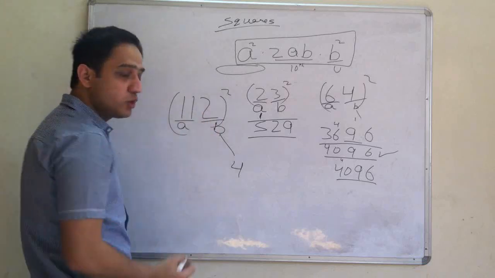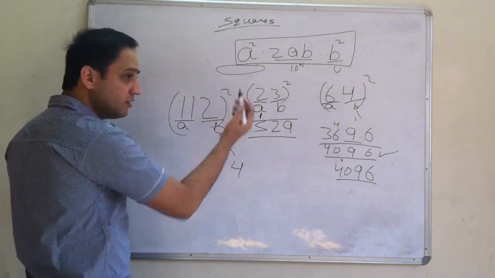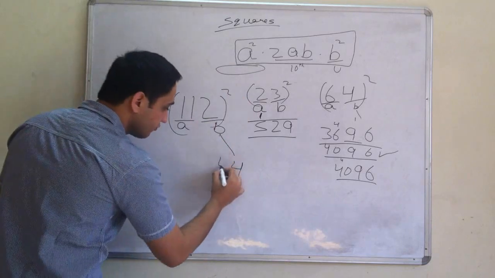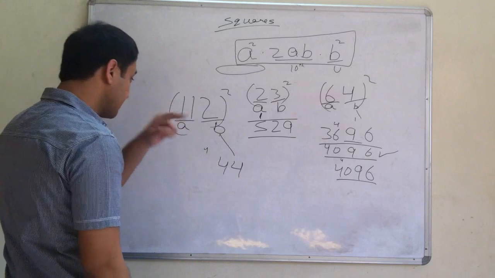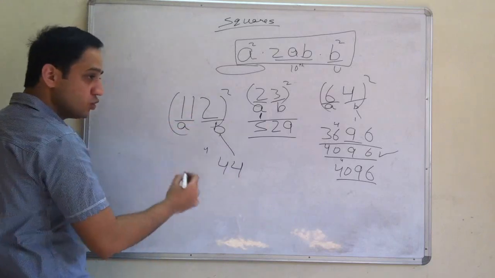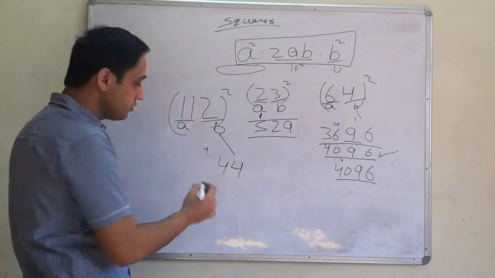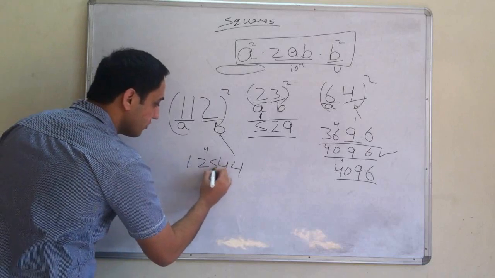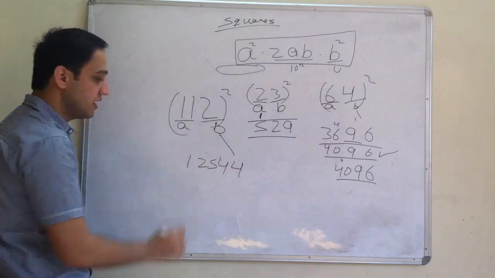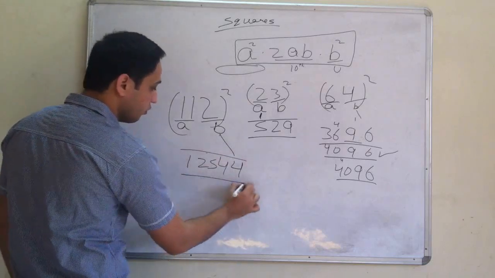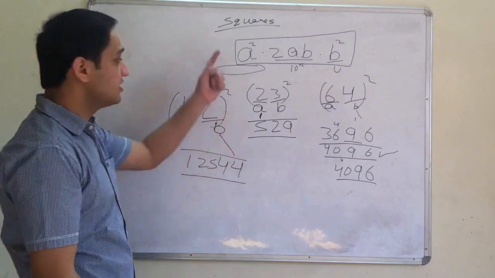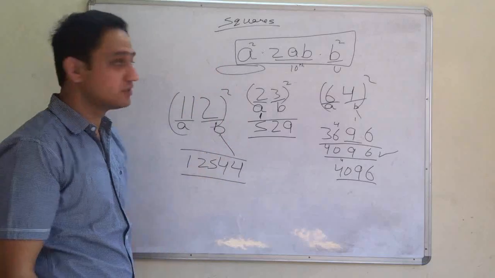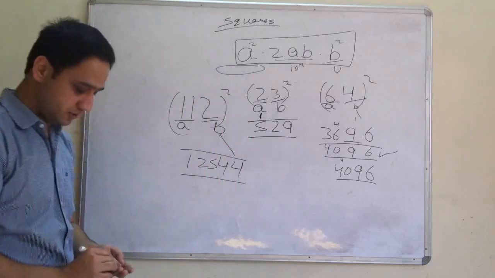So 11 into 2, 22, 22 double 44. So 4 here and 4 carry forward to the next digit. 11 square is 121. 121 plus 4 is 125. So the answer is 12544. This is a very easy method of doing squares, and this method you can apply to any number. Okay.